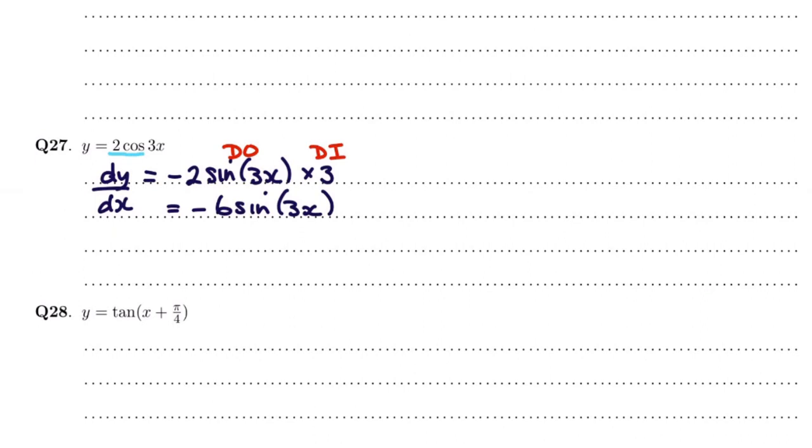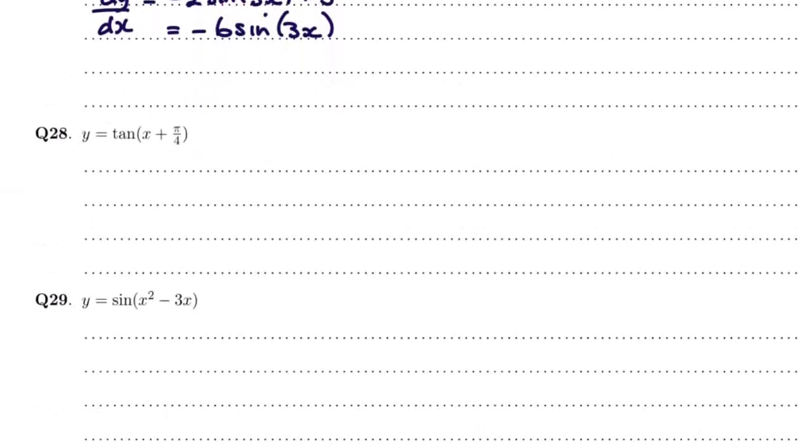Okay, and we'll just have a look at number 28. So notice the trig function is tan, the angle is x plus pi over 4. So dy dx, differentiate tan, you get sec squared, so it's going to be sec squared of x plus pi over 4.